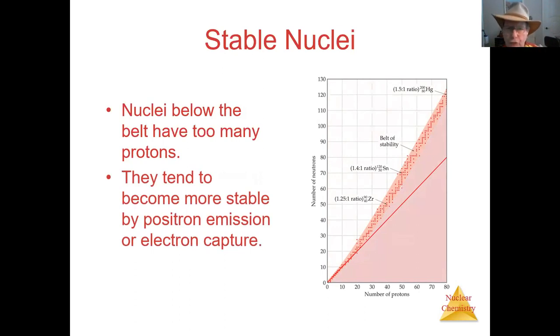Either by positron emission, and a positron is kind of the same thing as an electron, only instead of being negatively charged, a positron is positively charged. So a proton can do that, or a proton can capture an electron. In either case, the proton gets converted to a neutron if I have too many protons.